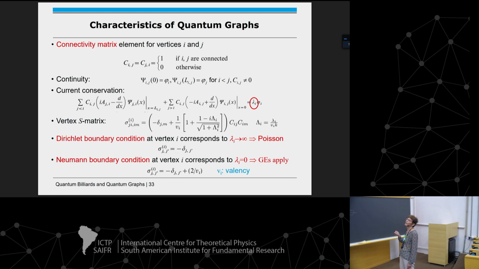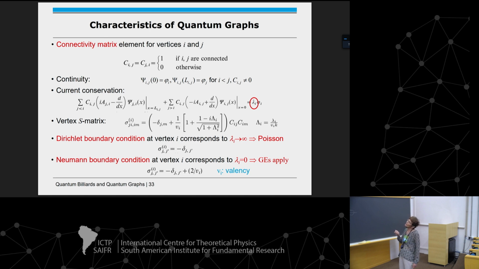And you have several requirements. One is continuity. That is, when a wave function arrives at a vertex i, it will take some value phi i. And this value should be the same for any wave entering a vertex i. So when the wave enters from vertex j to i, it should be the same as for a wave entering from another vertex. That's a continuity condition.